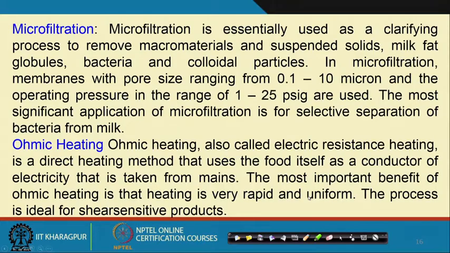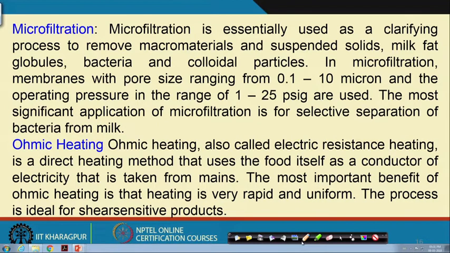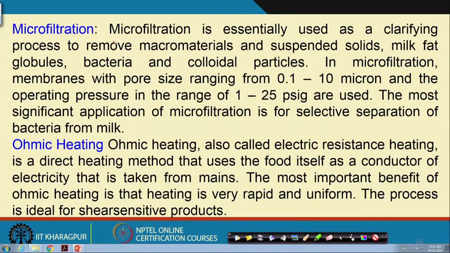Then microfiltration, right. So from nano we are coming to micro. Micro is bigger than nano, much bigger. So microfiltration is another technique, and of course, as the word itself suggests, the size will be much bigger than nano.